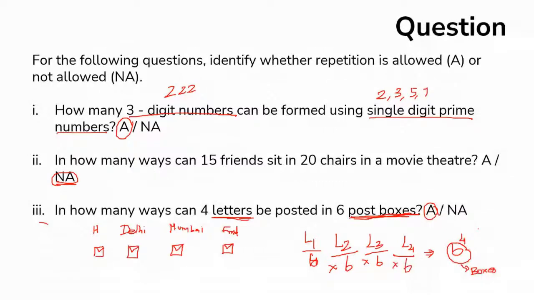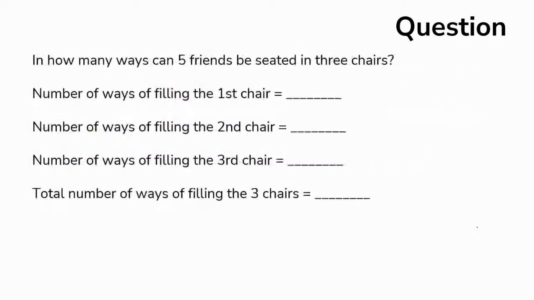And the letter will always be moving from one place to another, so we can say it is floating. So that will be in terms of power. In such a case, the number of possible ways is: the number of boxes will be at the bottom, and the number of letters will be in the power. Yeah, so that is how it is done.